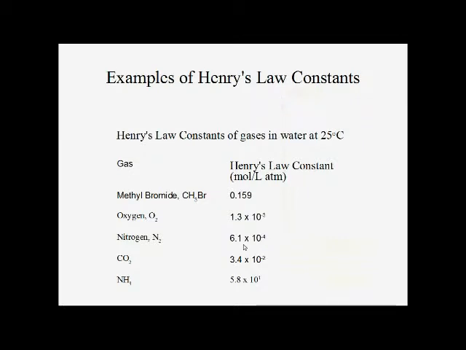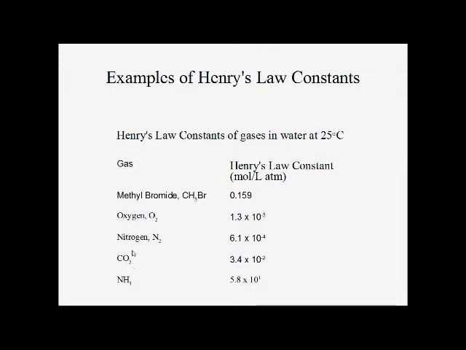Some examples of Henry's law constants. Ammonia is our largest one in this list, 58. So we can dissolve a large amount of ammonia in water. Carbon dioxide, 3.4 times 10 to the minus 2.